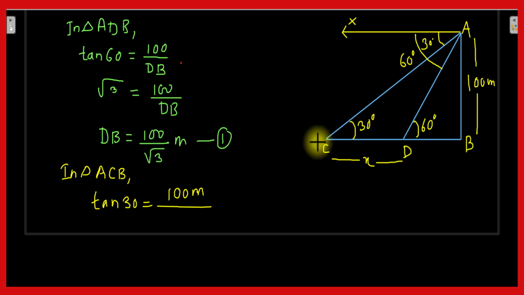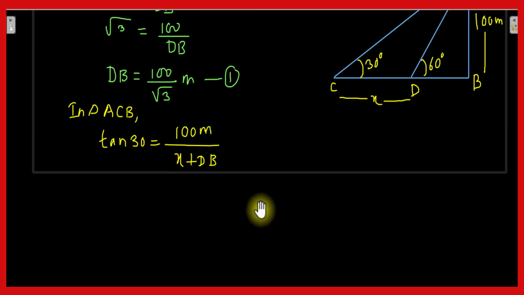This total will be the adjacent side, so it is x plus DB. Now we know that DB is equal to 100 upon root 3. Before that, put the value of tan 30. Tan 30 is 1 upon root 3, so 1 upon root 3 is equal to 100 upon x plus DB.